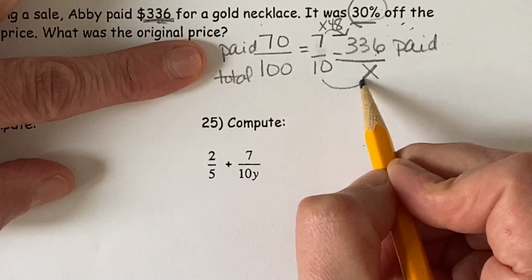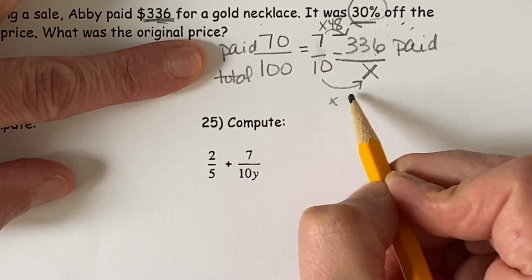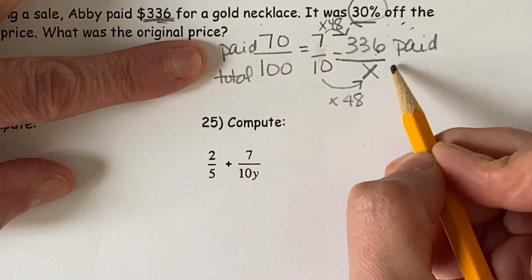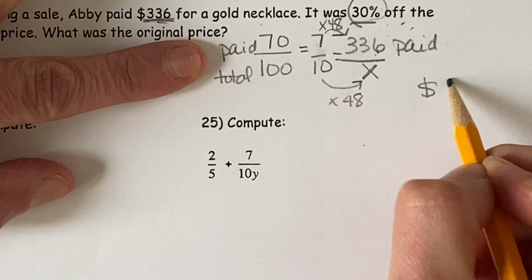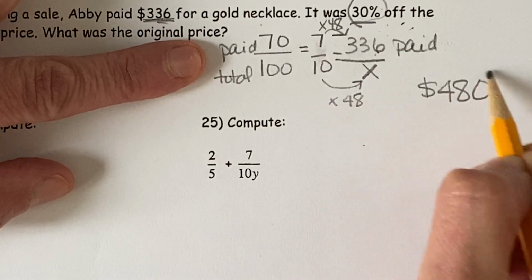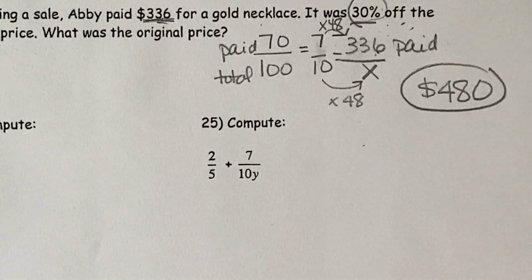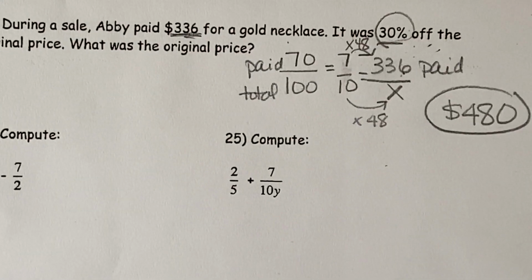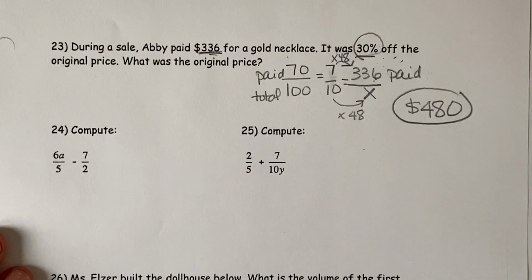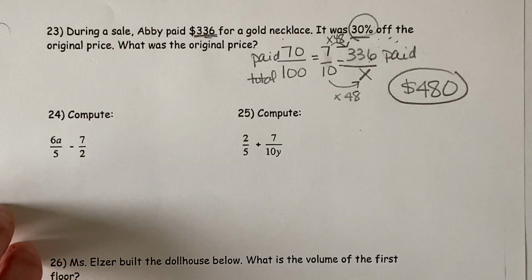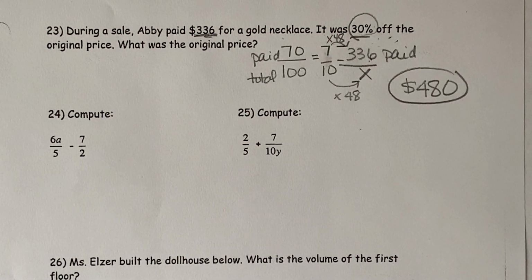I did a little math on the side. So 10 times 48 gives me my total new price of $480. If you did this with a double line graph, double bar graph, you could have gotten it right. If you figured out 30% of 336 and subtracted, you could have also gotten that right.